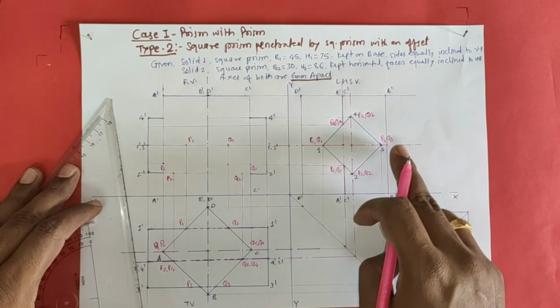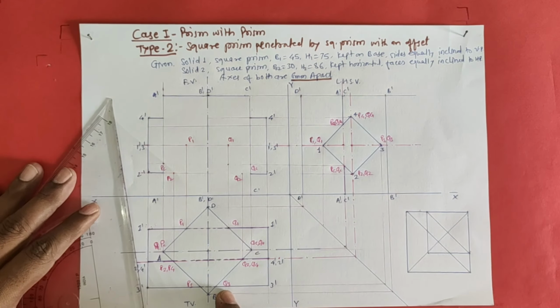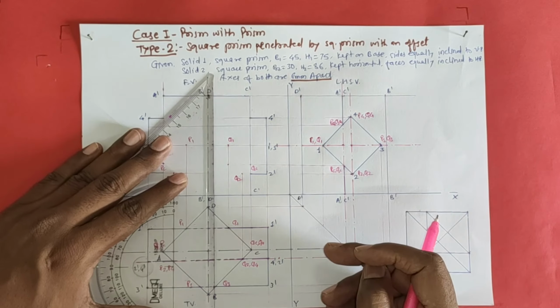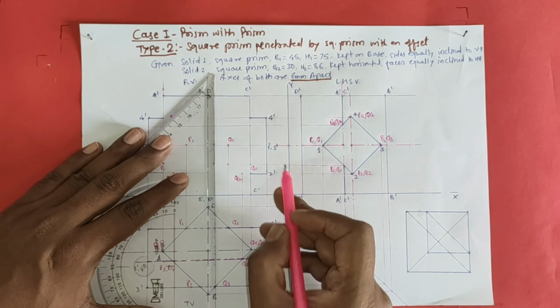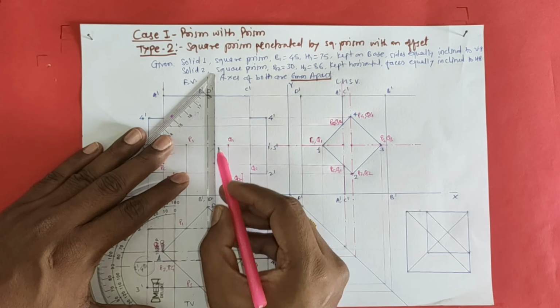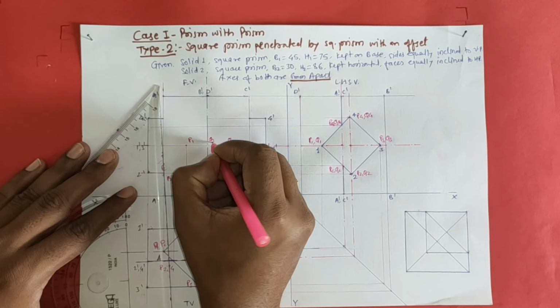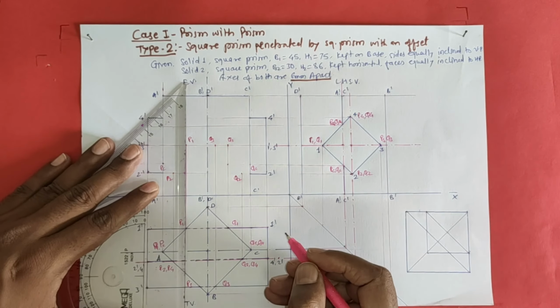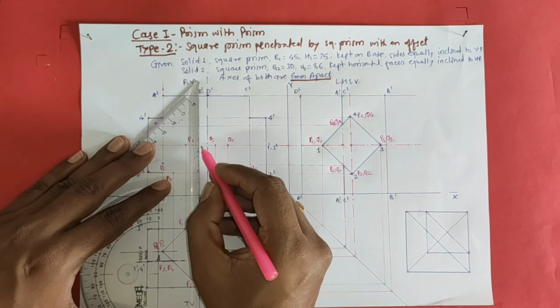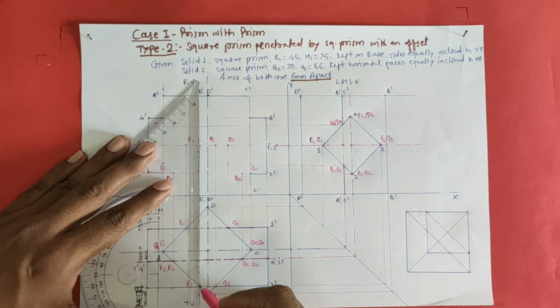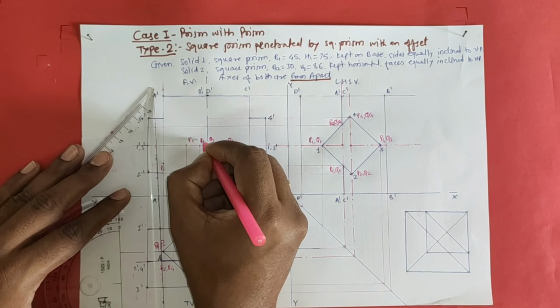So these are completed. Then P3 Q3 at this, take Q3 point. Now see, it is coming to the 3 line. Take its projection. So you will get Q3 here to the right side, and P3, that is symmetric point, to the left side.